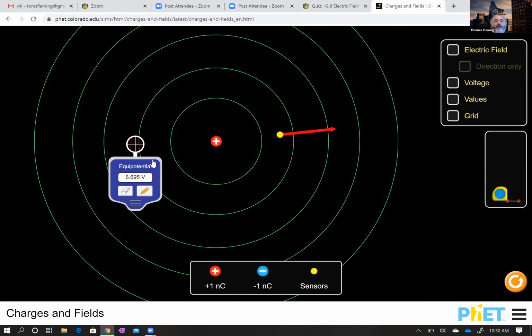The other way to think about this is to think about the forces felt by a particle on that surface. One thing I want you to pay attention to is that sensor. Look at the direction of that electric field and compare that to the equipotential surface. As I move this around the equipotential surface, what can you tell me about the orientation of my electric field and my equipotential line?